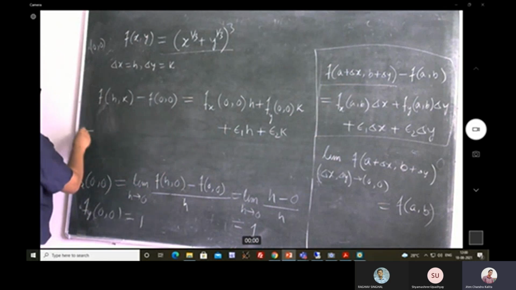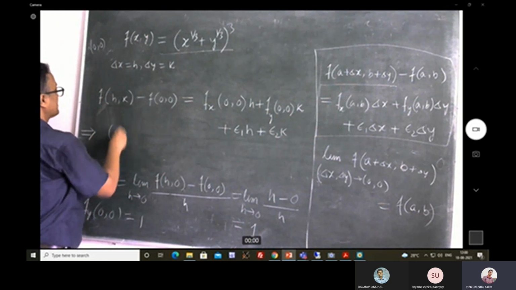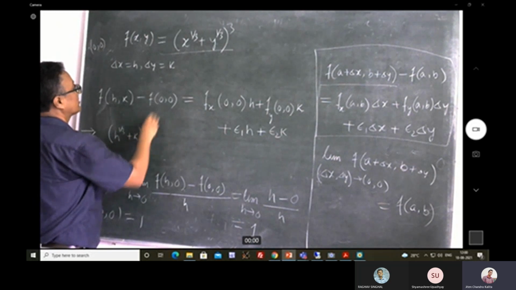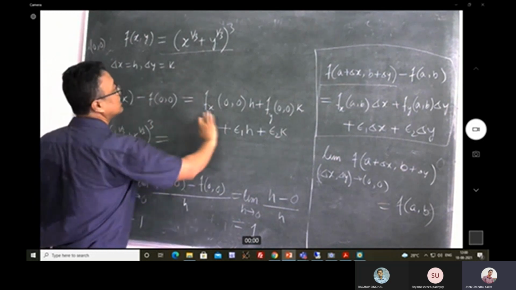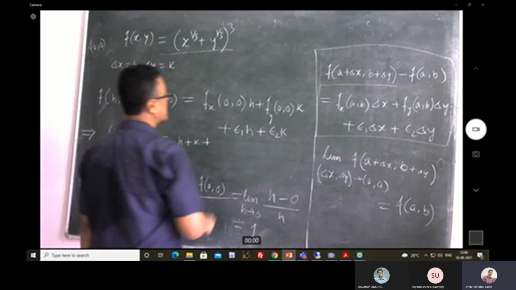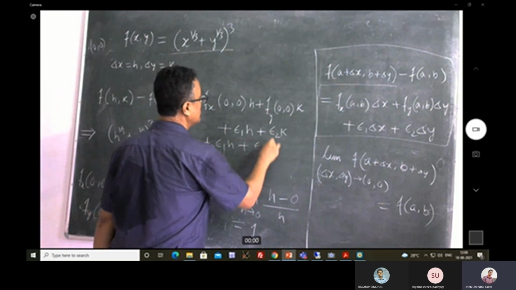So from here I am going to get h to the power 1 by 3 times k to the power 1 by 3 whole cube. This is 0, this is 1. So I am getting h plus k plus epsilon 1 h plus epsilon 2 k.